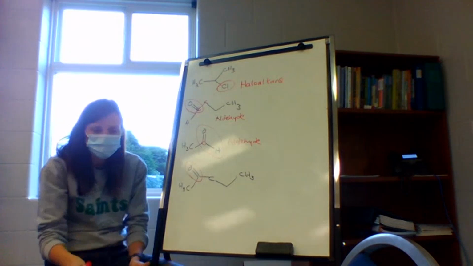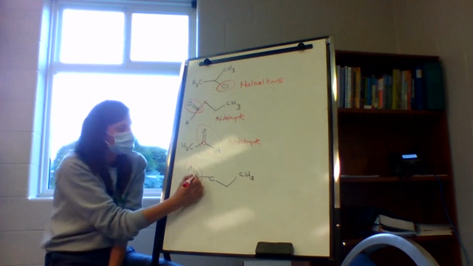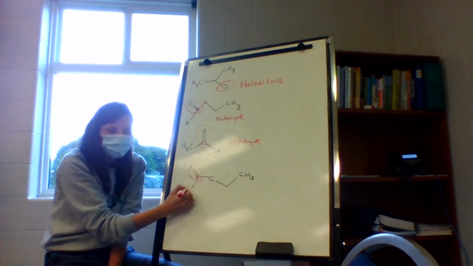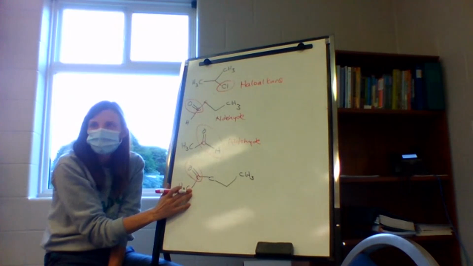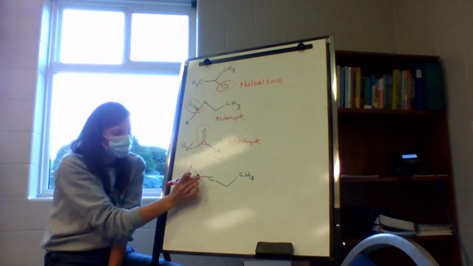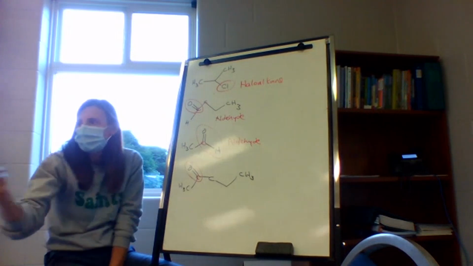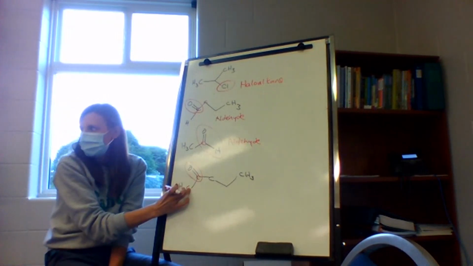Carboxylic acid. Okay, so if it was an aldehyde, let's do that first. So the carbon that has the O is bonded to a carbon and a carbon. An aldehyde, this carbon would have to be bonded to a hydrogen, so it's not an aldehyde. To be a carboxylic acid, you need an OH group attached over here.